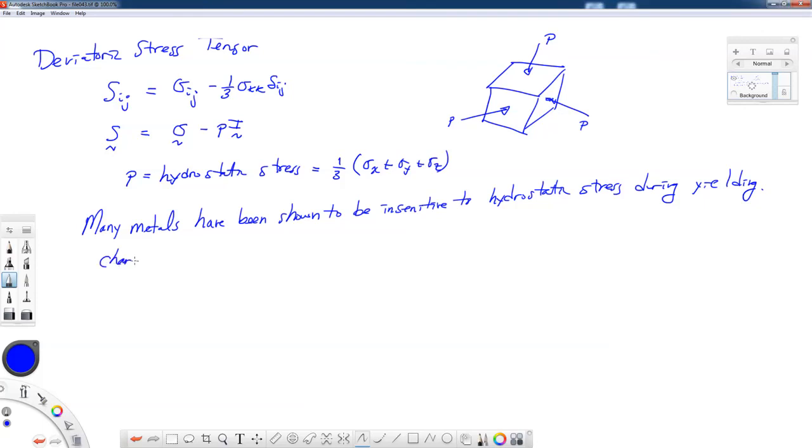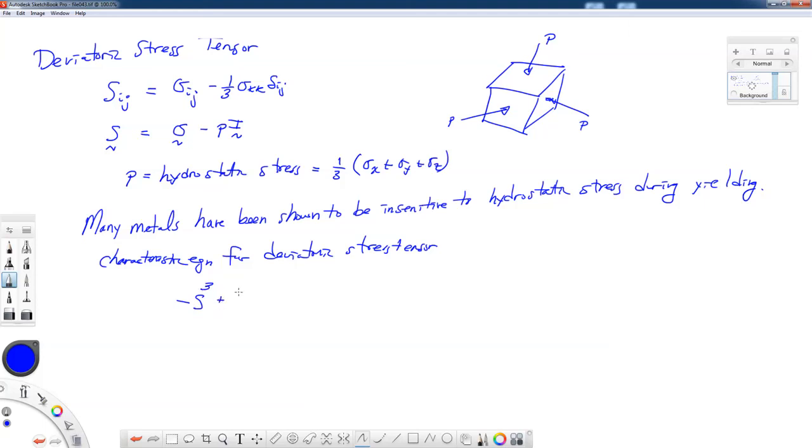The characteristic equation we can build up the same way. Instead of writing this in terms of sigma, I'm going to write this in terms of S. So S is some scalar invariant of the deviatoric stress tensor.